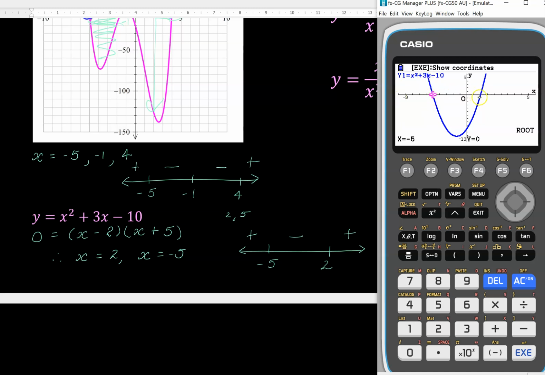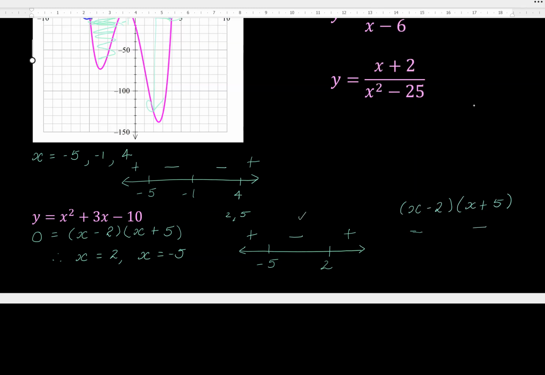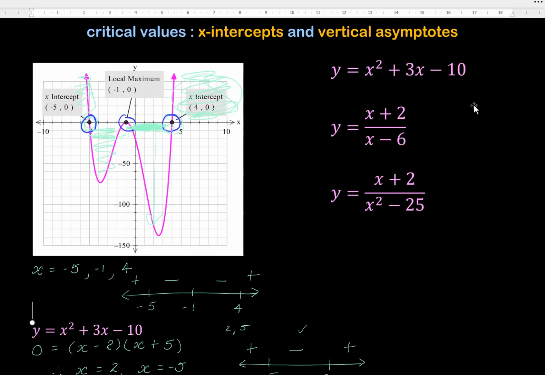Between -5 and 2, they're all below the graph, corresponding to the negative. So pretty straightforward. It's just getting you practice on finding x-intercepts, so factorizing, quad formula, and so on. So we've done that one.